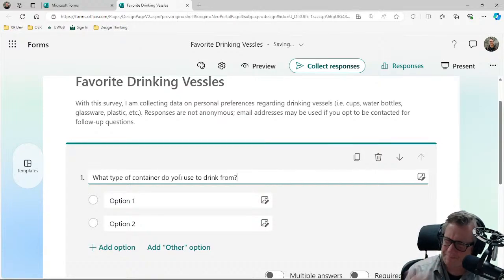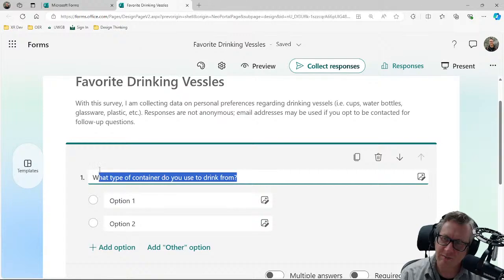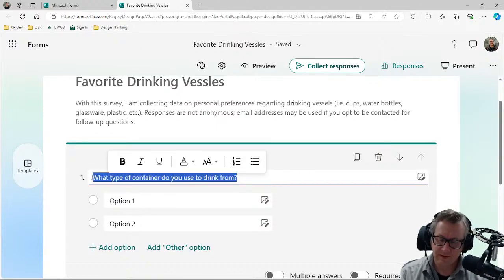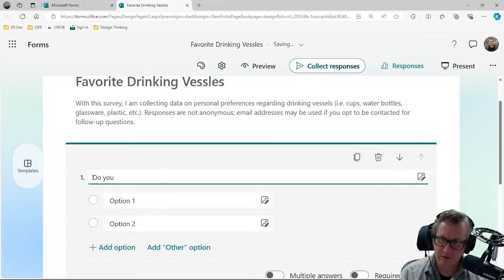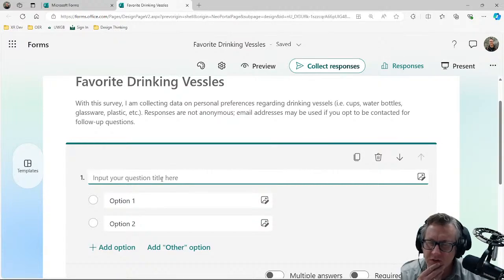I'm not sure if I like that actually. What I'm trying to get is a closed question, closed response question first. Now, closed are the sort of multiple choice or scales. These are the questions where you have a handful of answers, and your job as the respondent is to select one.